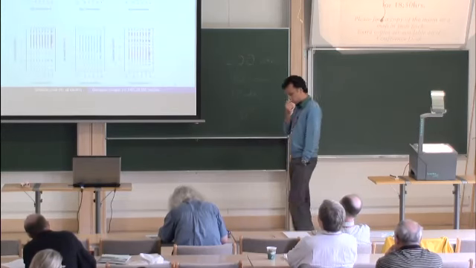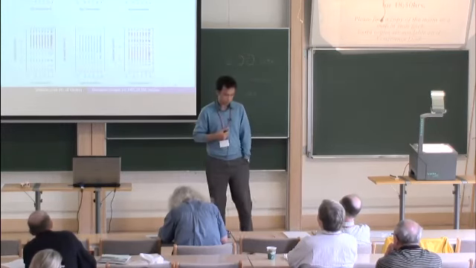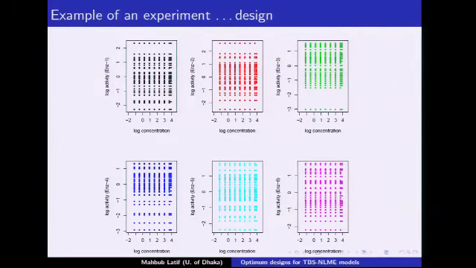So this is one way to represent graphically the design. In the x-axis I have log concentration, and on the y-axis I have log activity values, and these are 6 different enzymes.